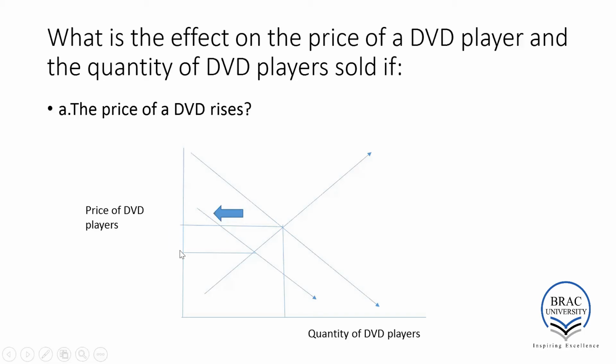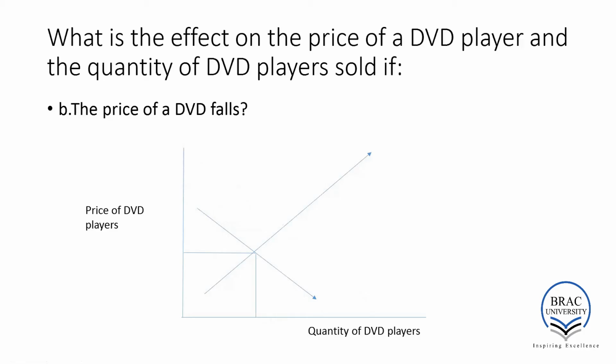Here we see that the equilibrium price decreased. And if we draw another line from the equilibrium point to the quantity axis, we get the new equilibrium quantity. If we compare this new equilibrium quantity with the initial equilibrium quantity, we can see that the equilibrium quantity decreased.